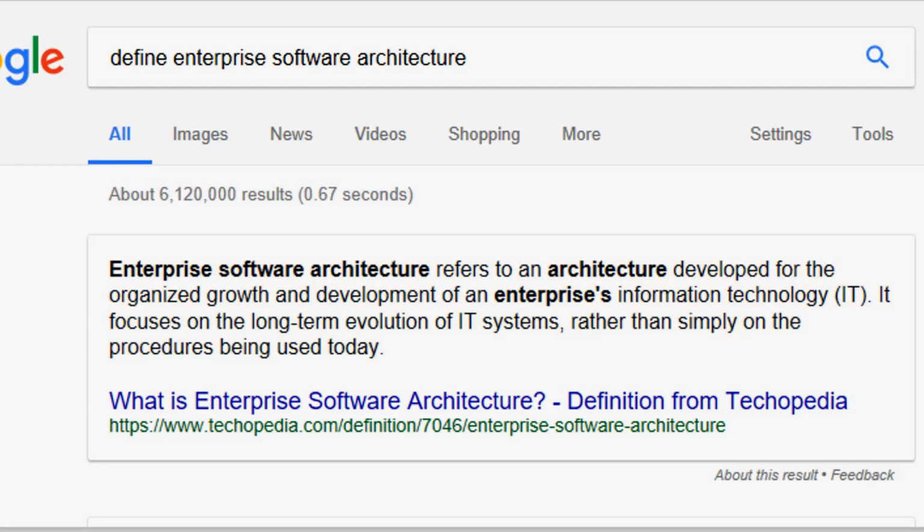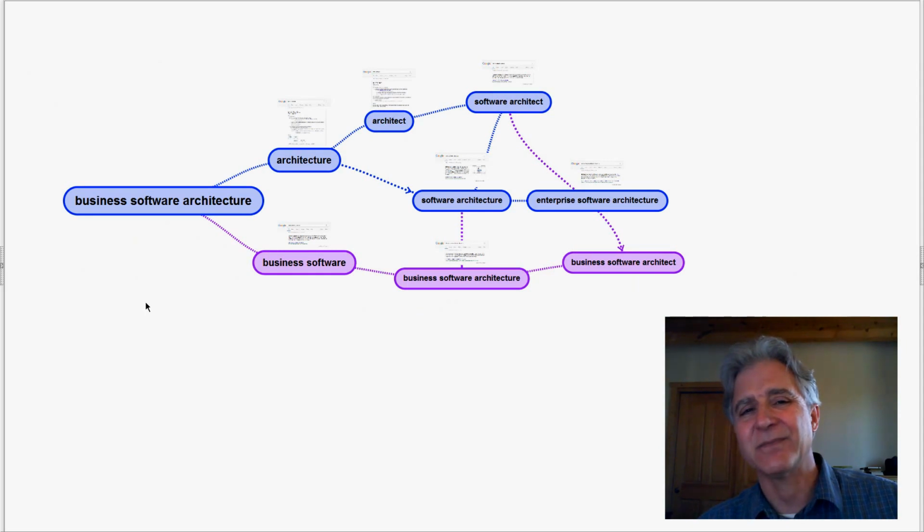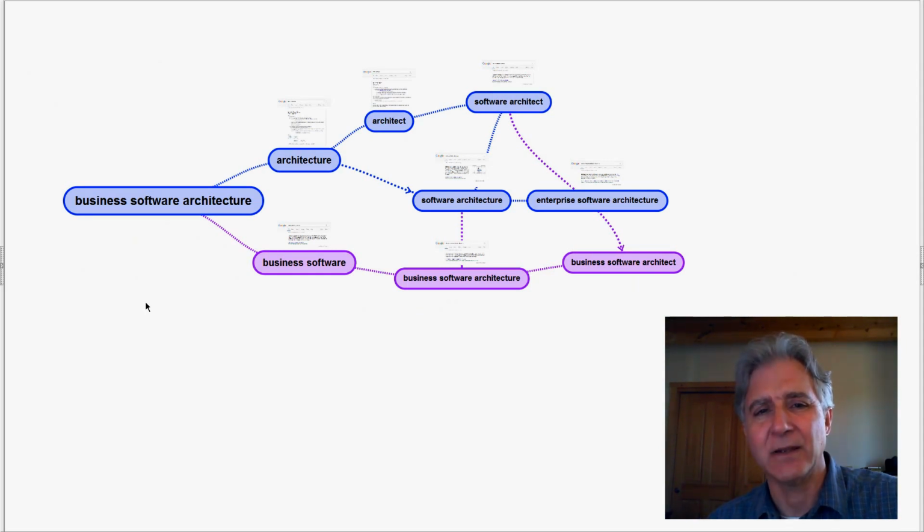So they're basically saying that the enterprise software architect would be responsible for defining the fundamental structures of the infrastructure on which business software is going to be built. Okay, well, that's interesting. That's useful. But it gets back to, well, how does that really relate to a business software architect? And there's an overlap, there's a relationship here.